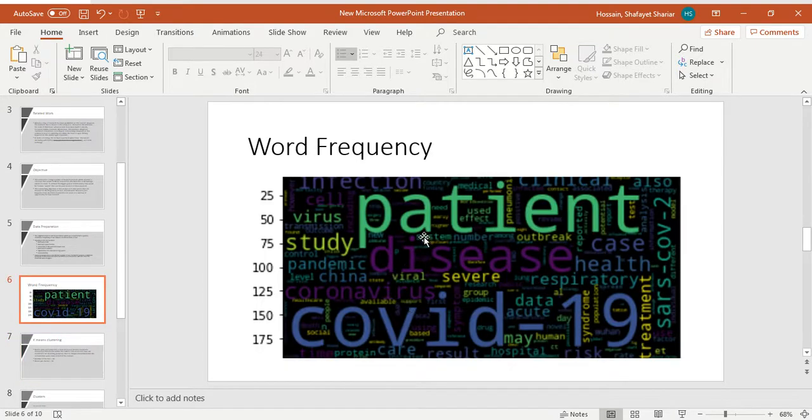This is what the word frequency looks like, and you can see that patient, disease, COVID-19, SARS-CoV-2, study, pandemic, China, coronavirus, severe, respiratory, health are the main driving forces of these journals. It is also apparent that terms like COVID-19 and SARS-CoV-2 are appearing twice, which is basically the same thing.